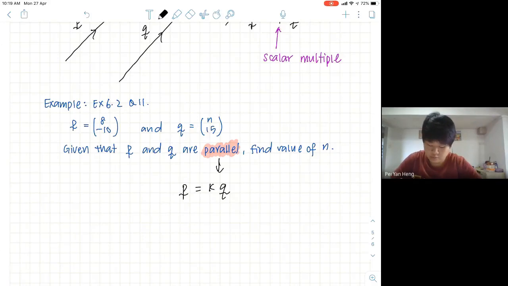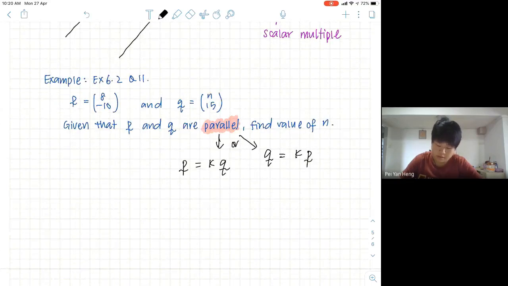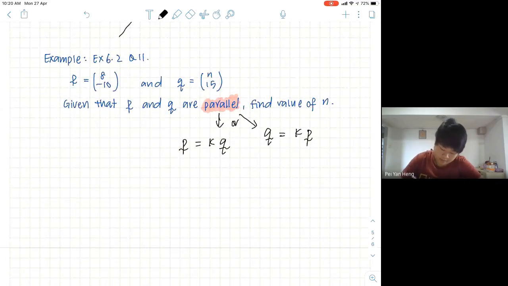You can also put it the other way around: Q is a scalar multiple of P. It doesn't matter because they are parallel. It works the same way. It's just that your K value will be different. So I'm going to use P is a scalar multiple of Q. Let's substitute the column vectors in.